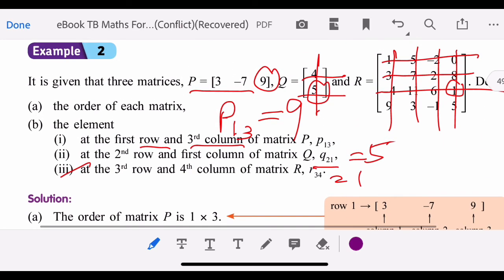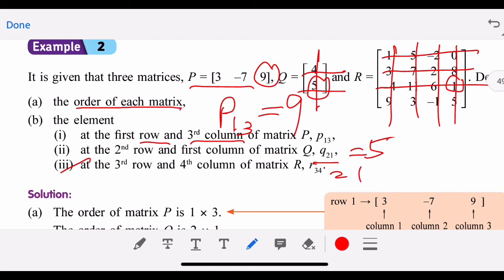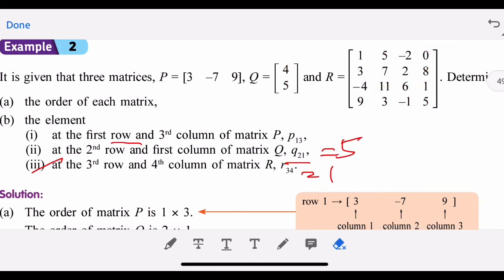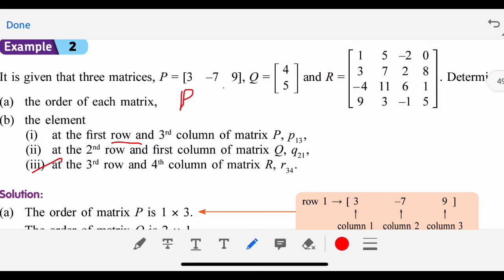And how about the order of matrix? Yeah, I missed out. Order of matrix is very simple. We just count how many rows and how many columns. Okay, for example, this one is just one row, so the order for matrix P is actually 1 row and 3 columns, 1 by 3.